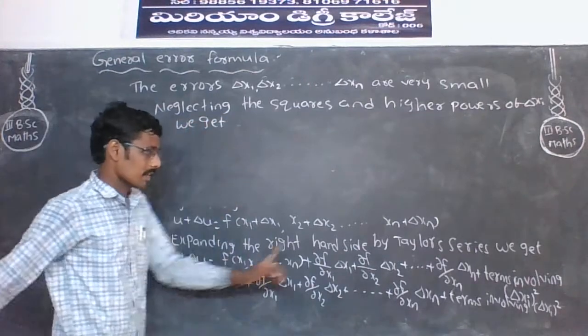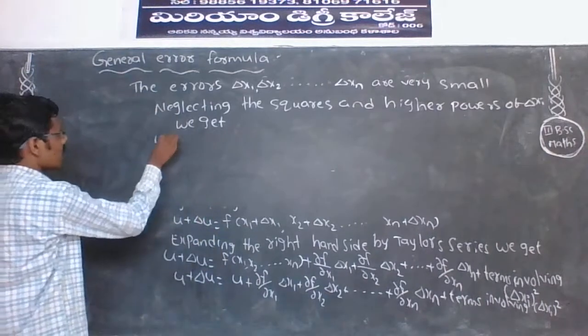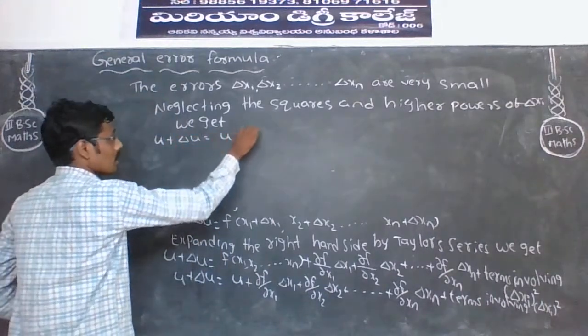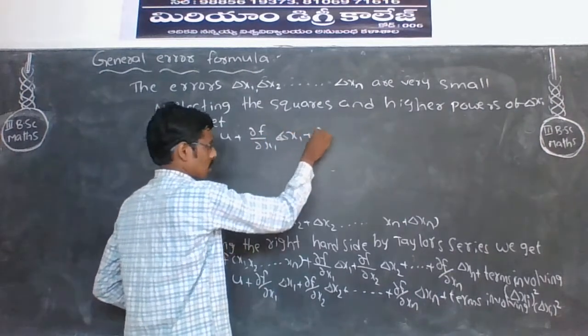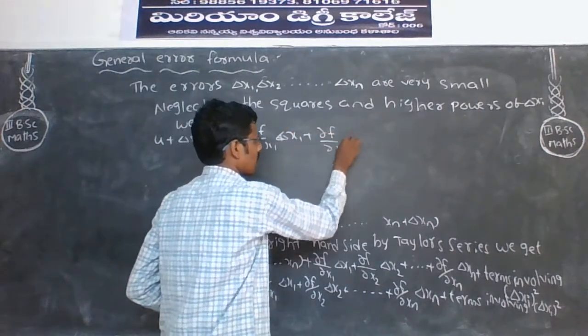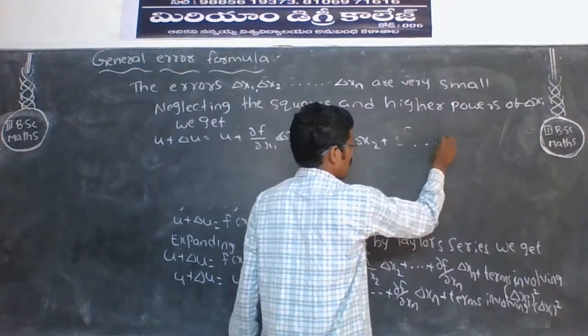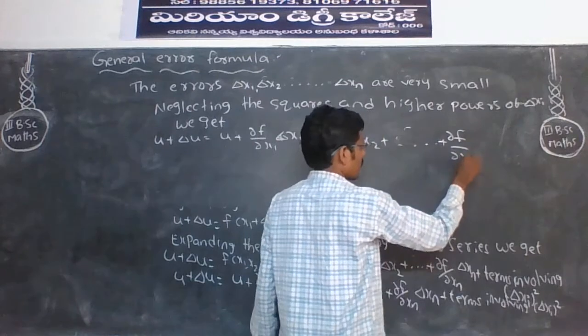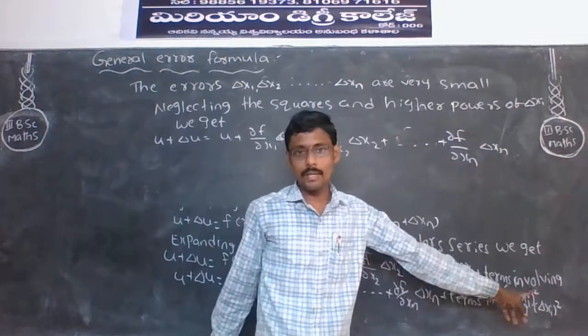u plus delta u is equal to u plus dou f by dou x1 delta x1 plus dou f by dou x2 delta x2 plus and so on, dou f by dou xn delta xn, neglecting the higher powers of delta xi.